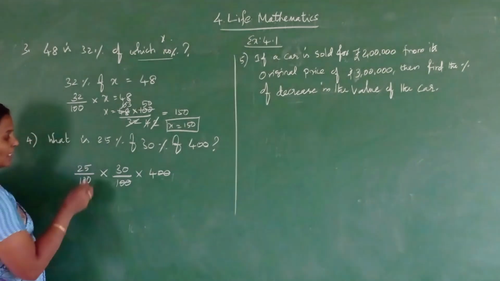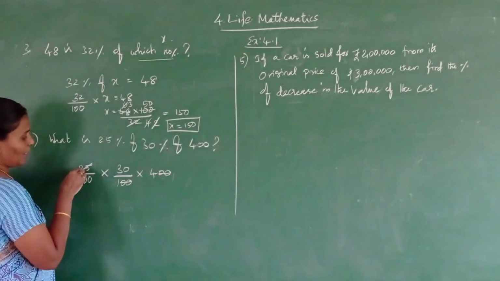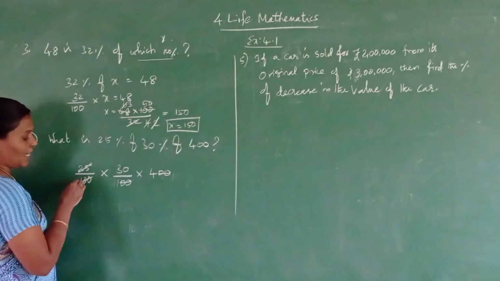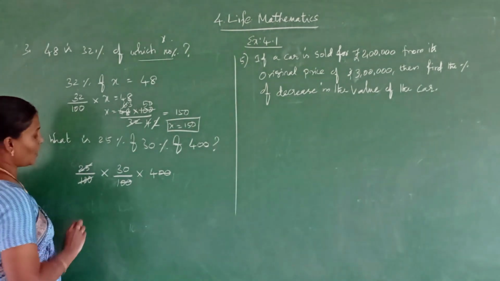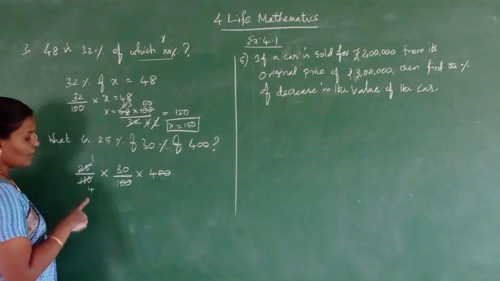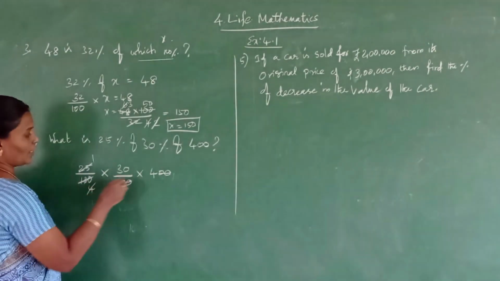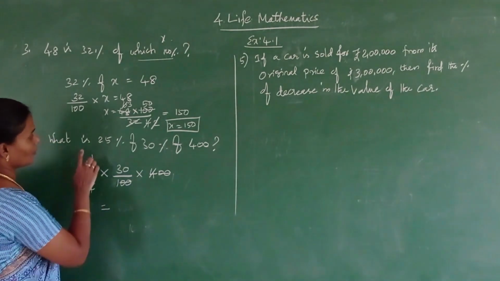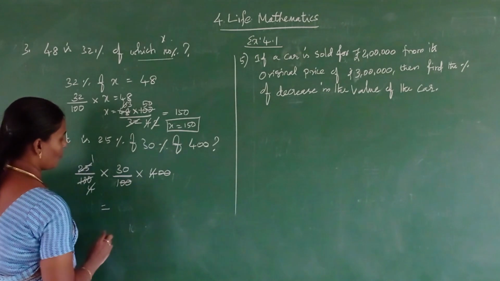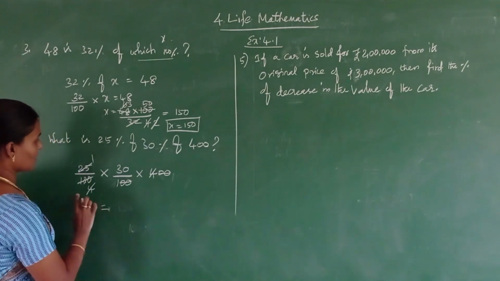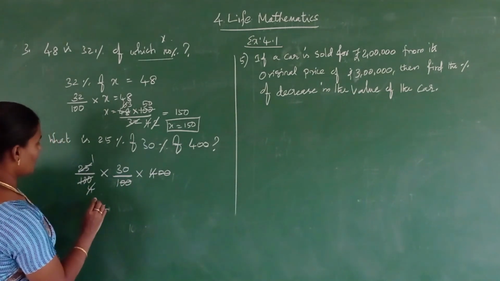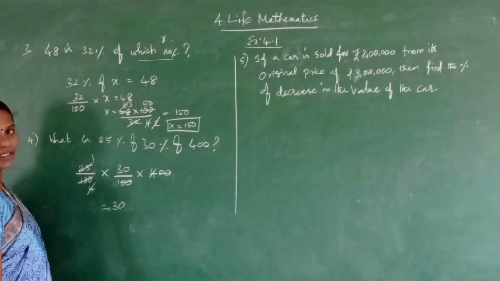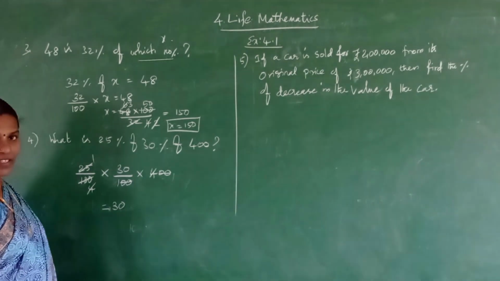Then cancel with the 25 by 100. In 100, 4 25s. So 4 times. Here 1 time, 4 times. This 4 and here cancel. So what is the answer? What is 25% of 30% of 400? That is 30. Okay, now understand children?